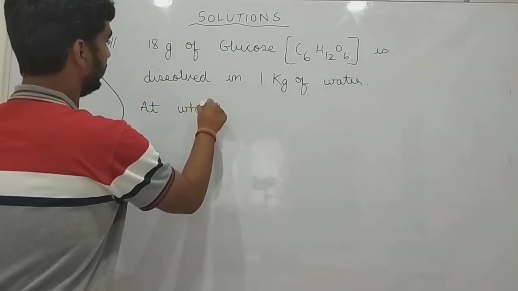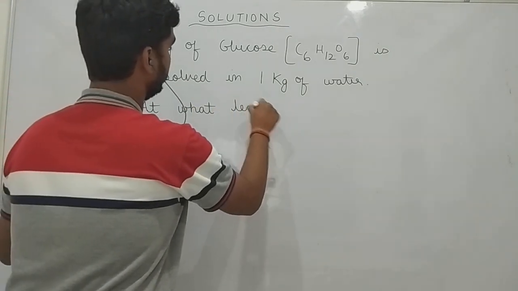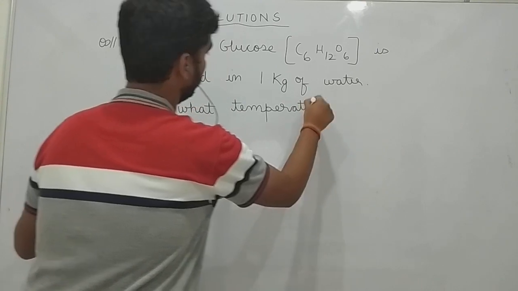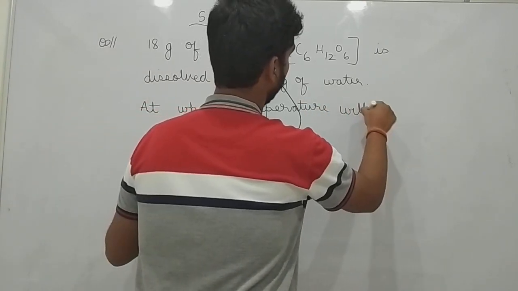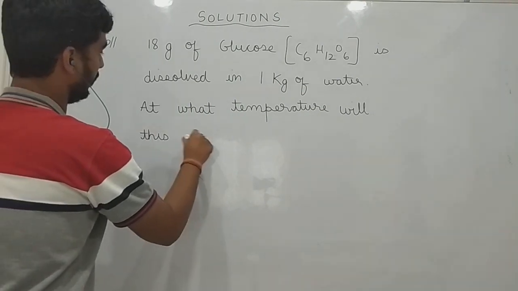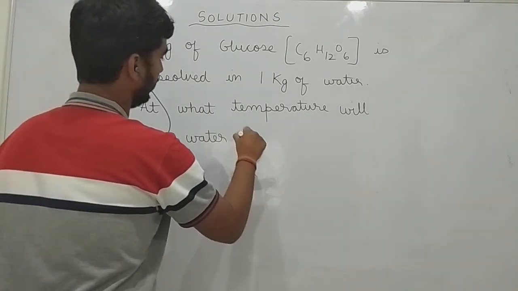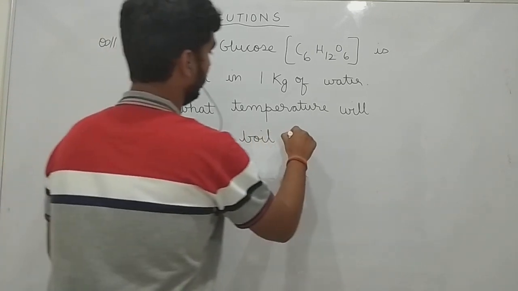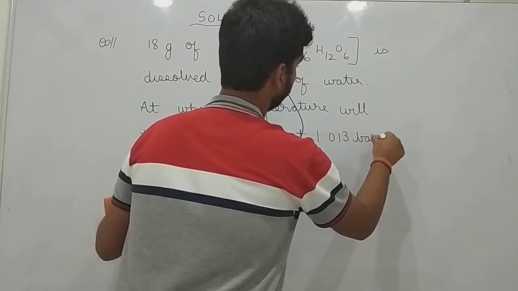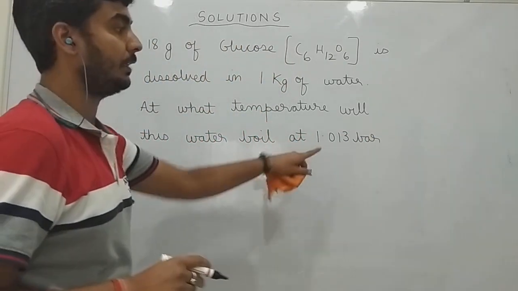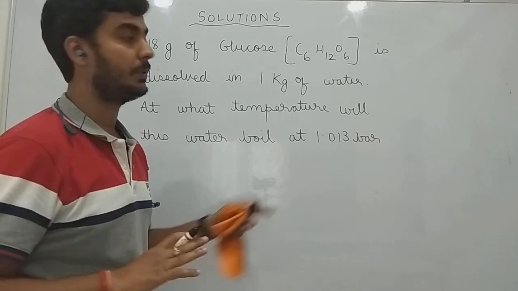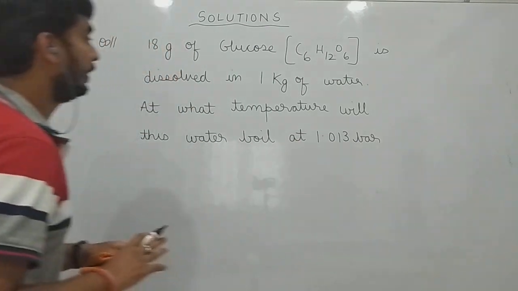Now it is asking at what temperature this water will boil at 1.013 bar, which is 1 atmospheric pressure. The normal atmospheric pressure which we are subjected to is this, that is 1 atmospheric pressure or 1.013 bar.